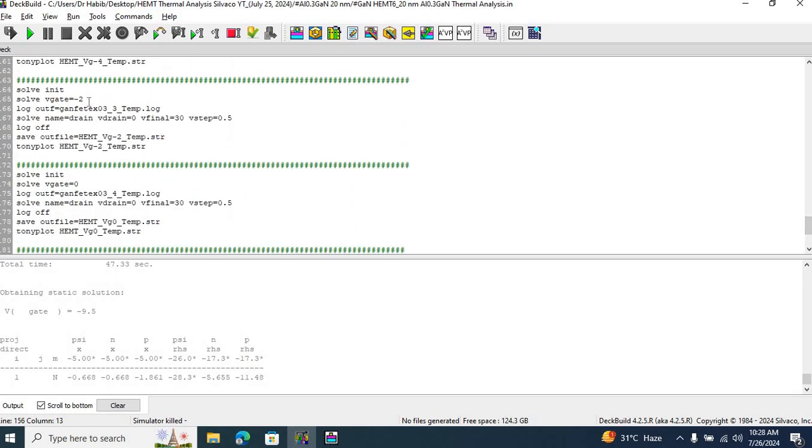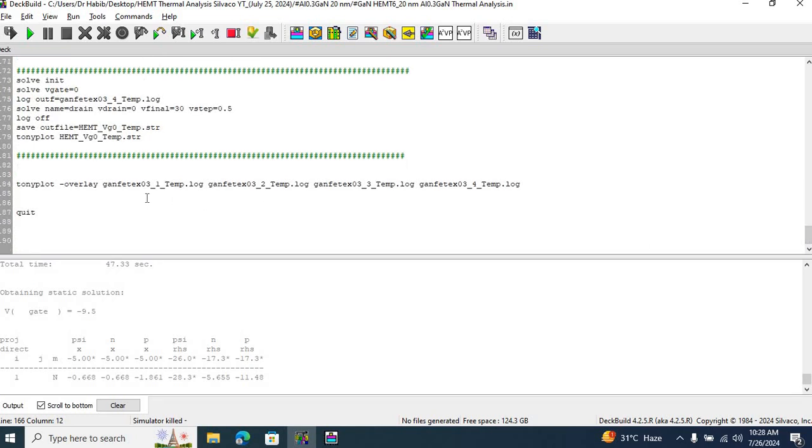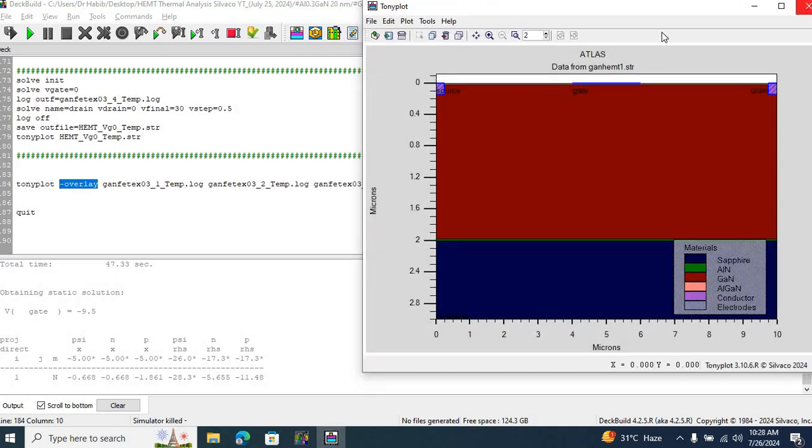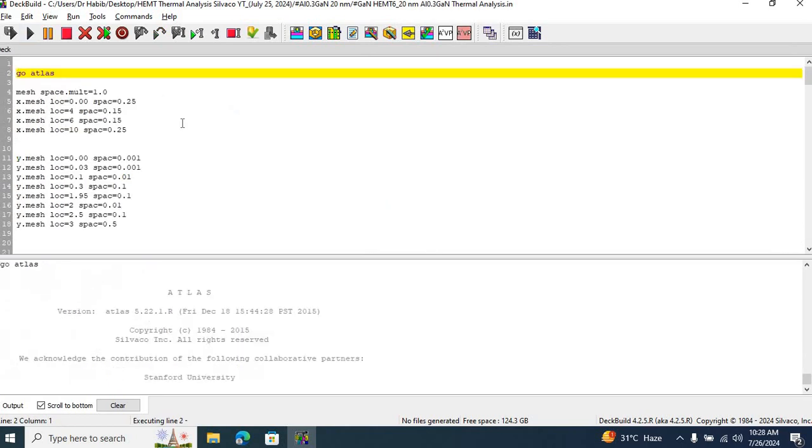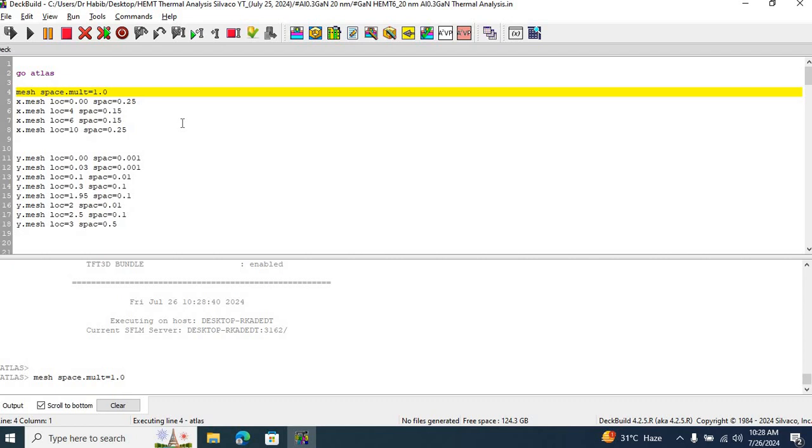Similarly I have set the gate voltage to minus 2 volts and I am ramping up the drain voltage from 0 to 30 volts, and finally I have set the gate voltage to 0 volts and I am ramping up the drain voltage from 0 to 30 volts. And finally I overlay these curves into a single figure. So at this point we are ready to run the simulation. Let's do that.